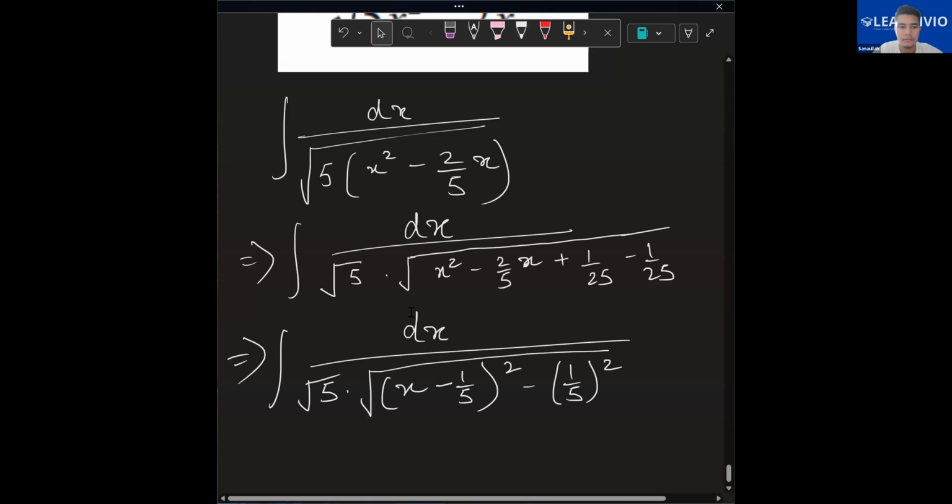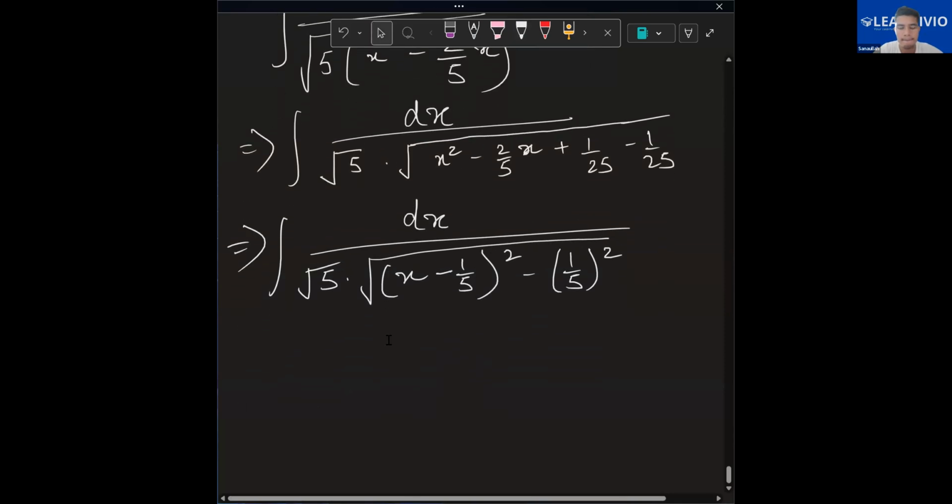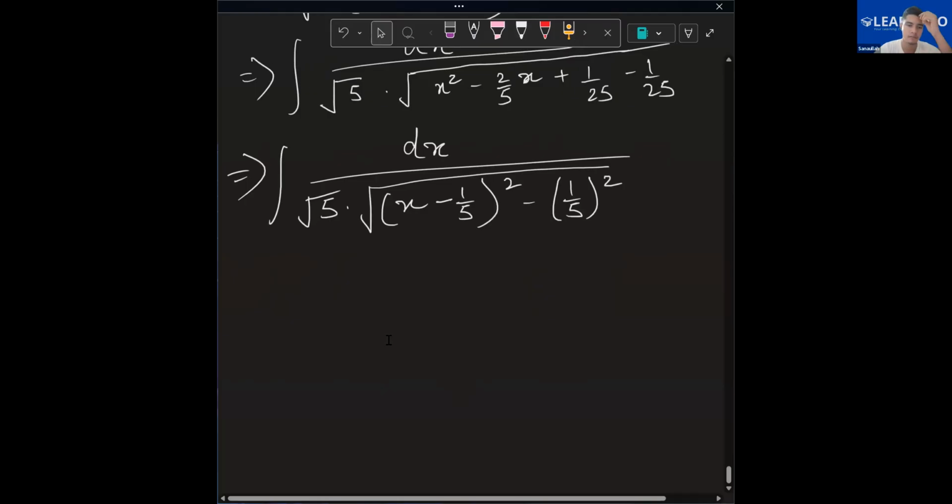Is it clear till now? Yes, sir. So now the answer is 1 by root 5 into log modulus of x minus 1 by 5 plus root of x square minus 2x by 5, modulus, plus c. Okay, all of you got the answer? Ali and Ibrahim, have you got it?